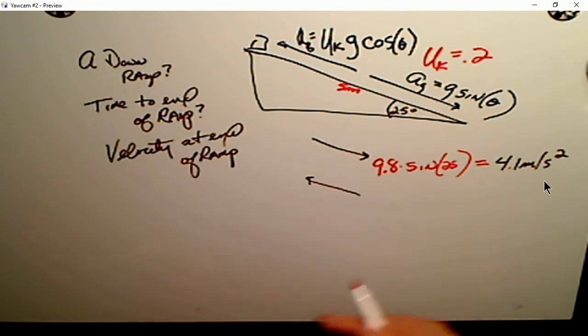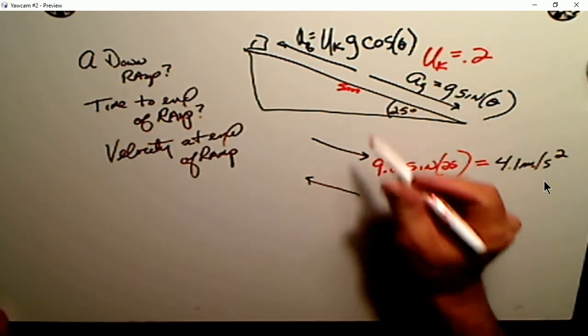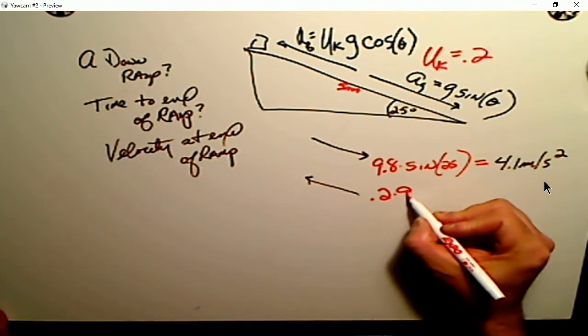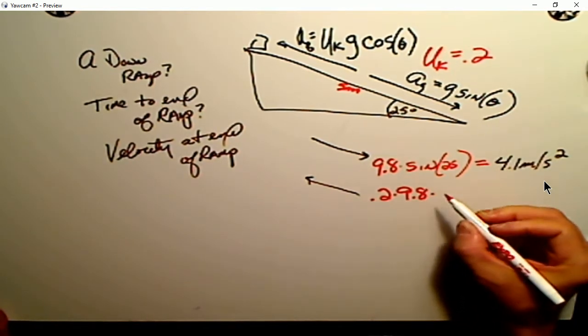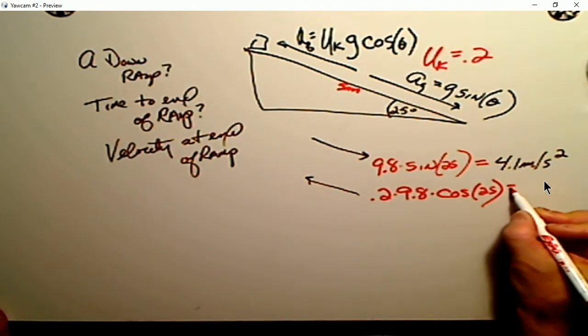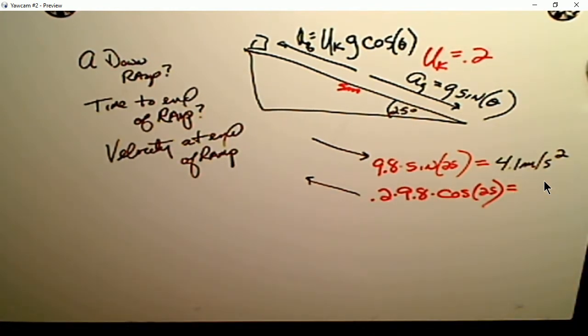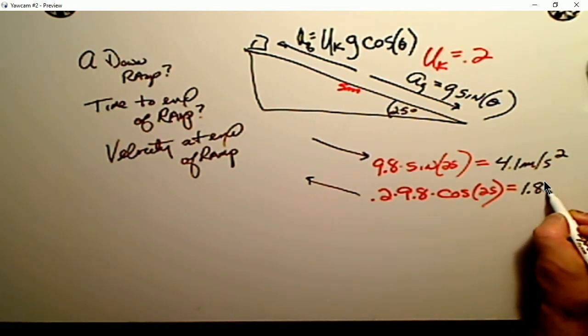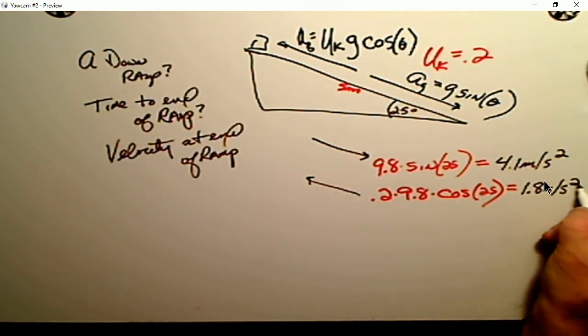It is being opposed by 0.2 times 9.8 times the cosine of 25. That gives us 1.8 meters per second squared.